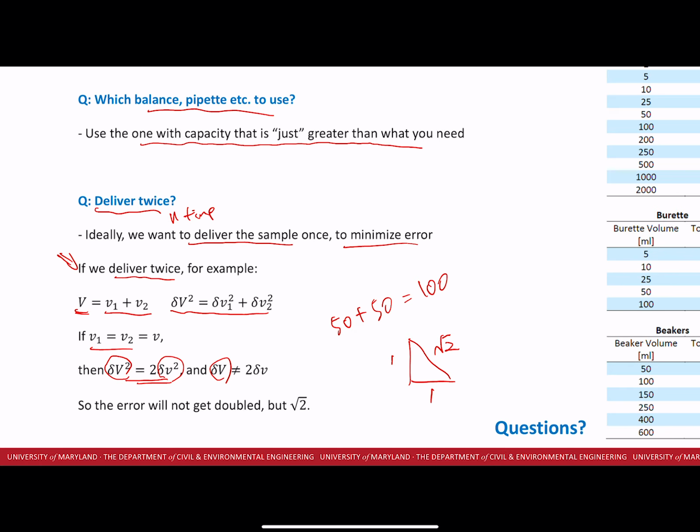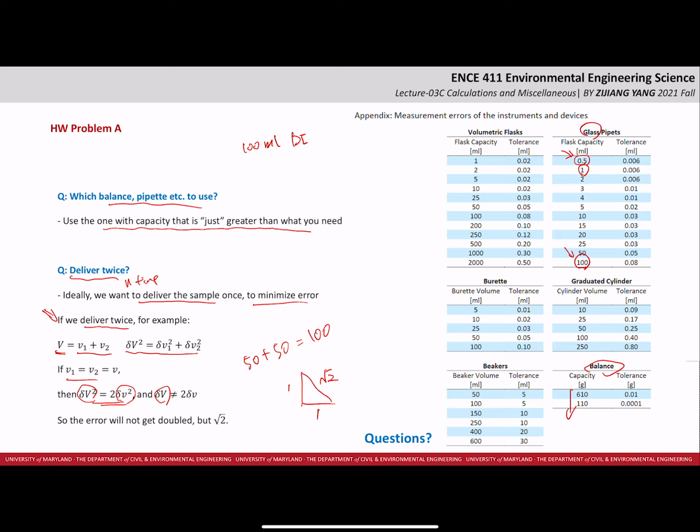So for this example, do you guys have any questions? I think this is a little bit counterintuitive because the error does not double, but it increases following the rule of the triangle. So you guys are good? That's good. And I also want to say, this does not double.